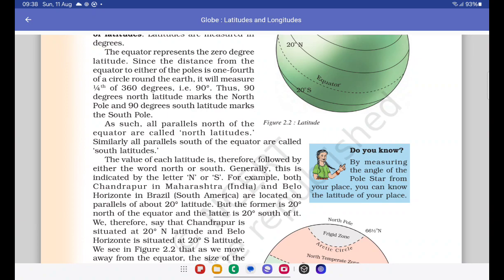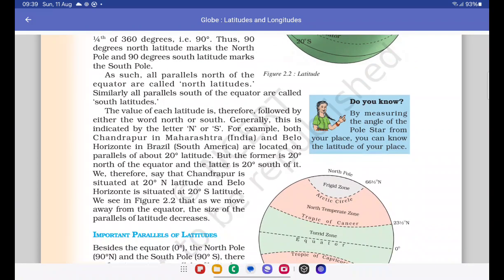Thus 90 degrees north latitude marks the north pole and 90 degrees south latitude marks the south pole. As such, all parallels north of the equator are called north latitudes. Similarly, all parallels south of the equator are called south latitudes. So all these imaginary circular lines towards the North Pole are called north latitudes, and all those towards the South Pole are called south latitudes.